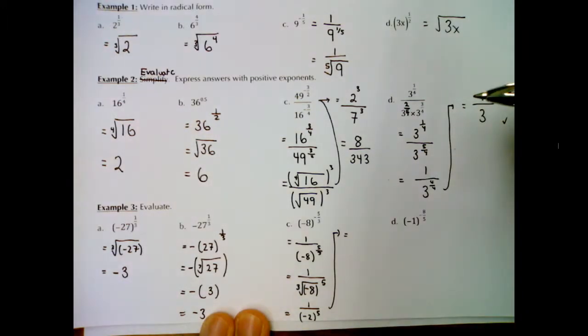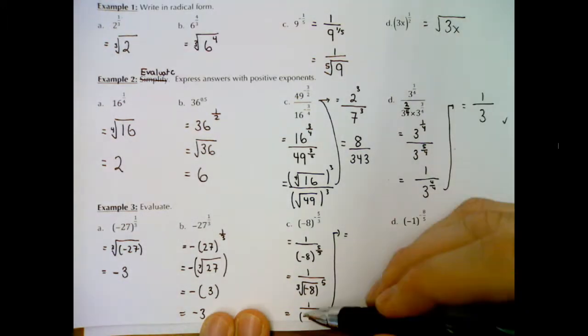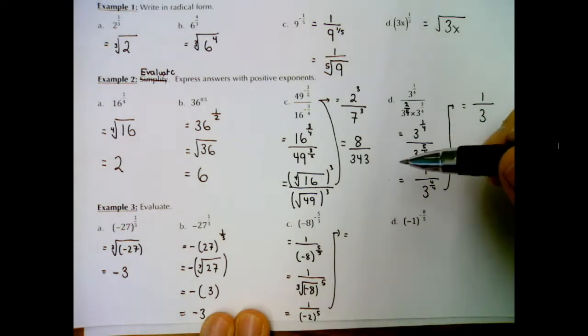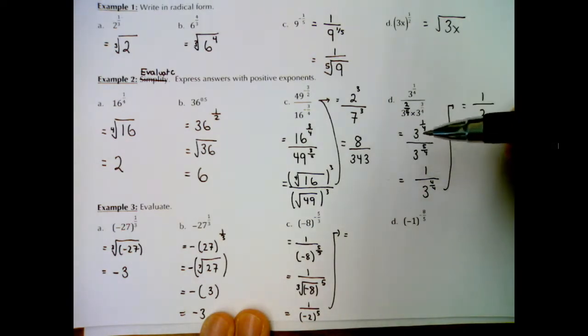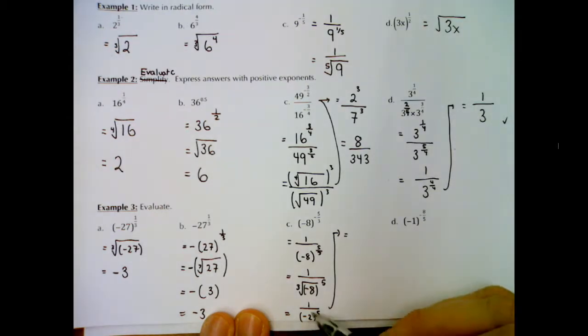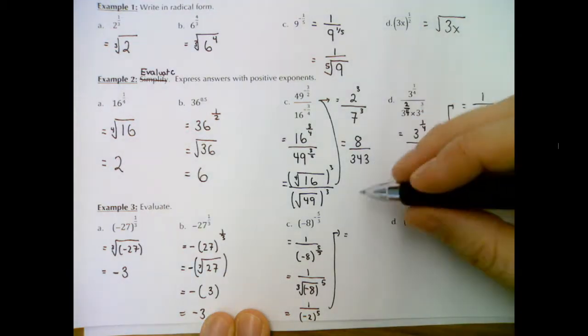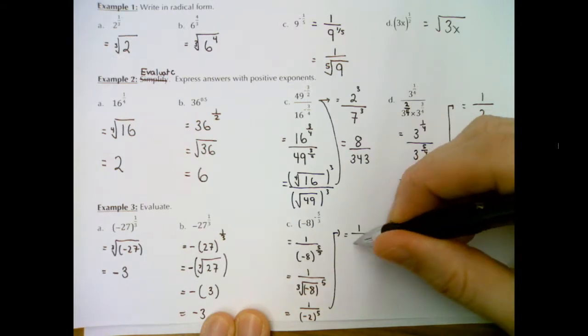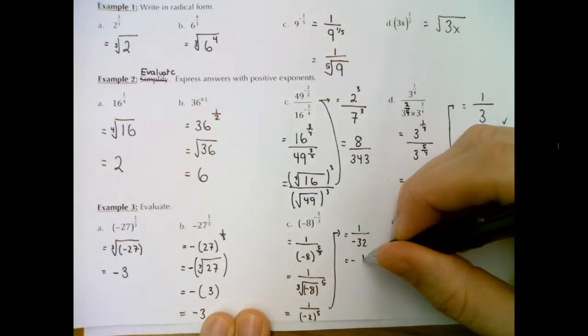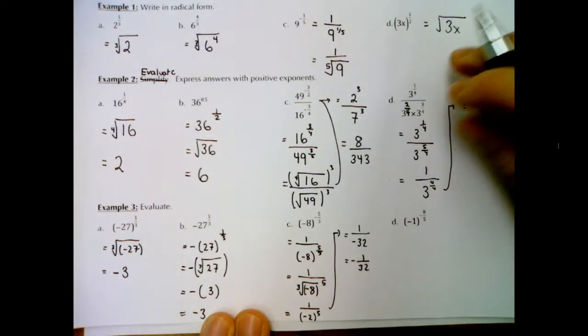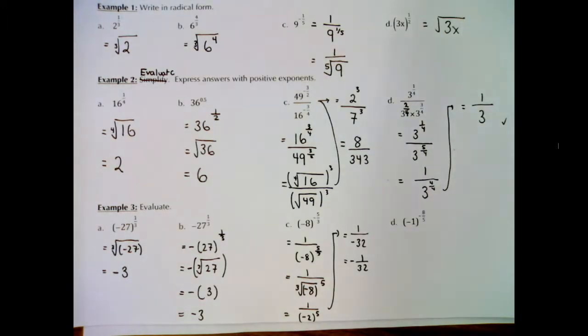Well, 2 times 2 is 4, times 2 is 8, times 2 is 16. One more 2 gives us 32. Our base was negative. 5 negatives multiplied would give us a negative answer, negative 32. So I'm going to rewrite that as negative 1/32. Okay. If you have an odd exponent and the base is negative, the answer will be negative as well.